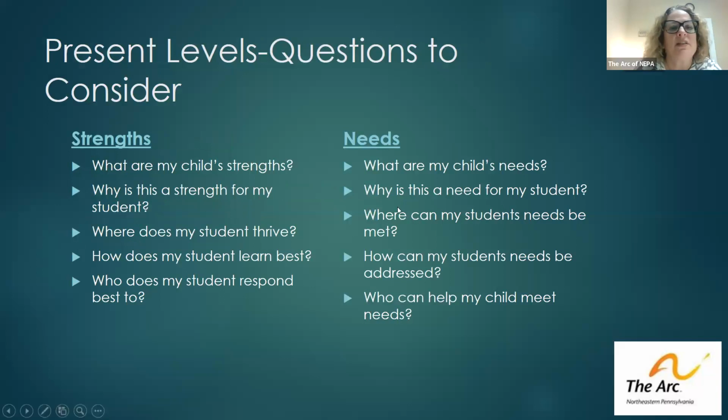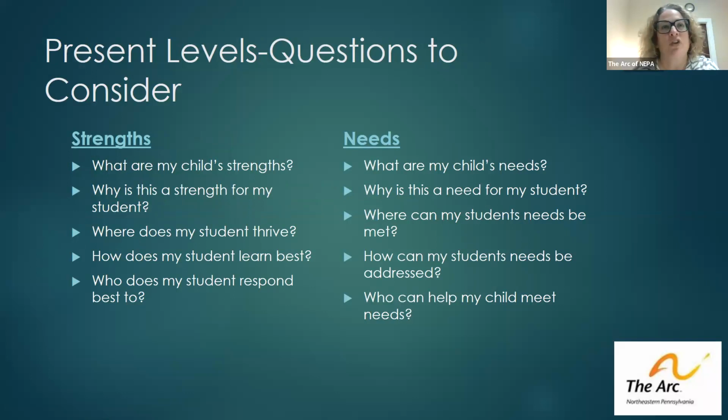Okay, so here are some of the present level questions to consider as you are the parent, and some things to maybe think about. What are your child's strengths? So that could be in terms of a lot of different things. For example, your child may be very social, very outgoing, or really willing to try new things.